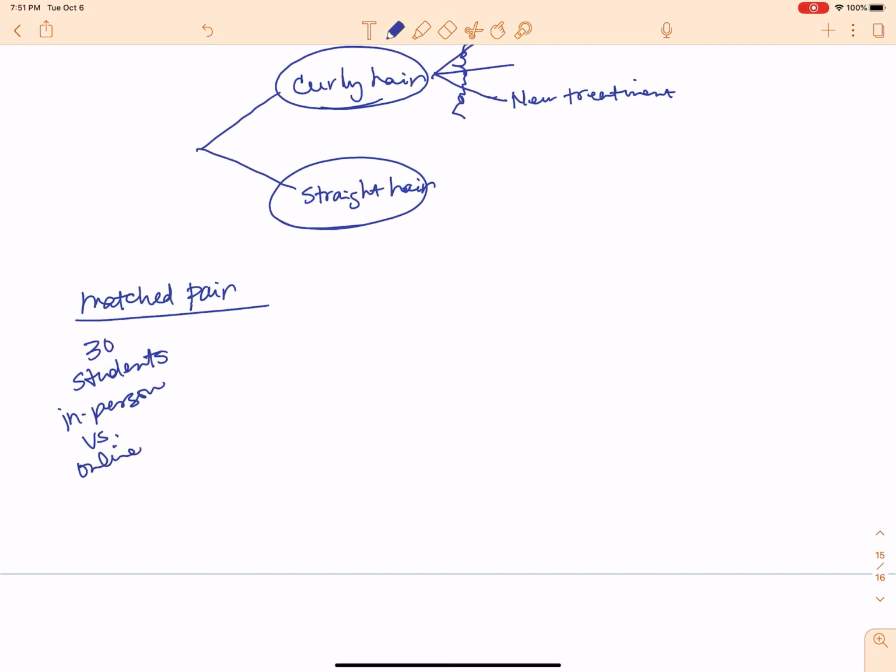Let's say I get to randomly put you somewhere. If I think the GPA of these students might affect how well they're doing, I would put them in order from the top GPA all the way down to the lowest GPA.